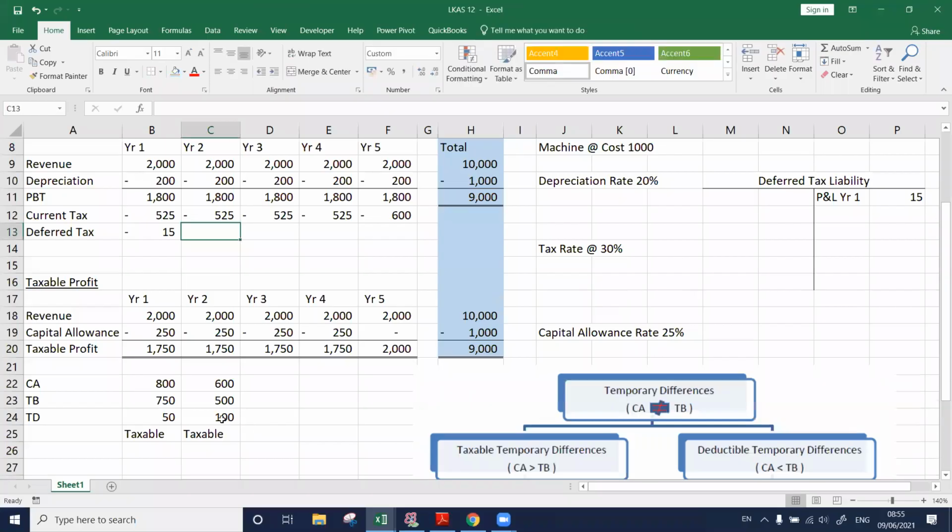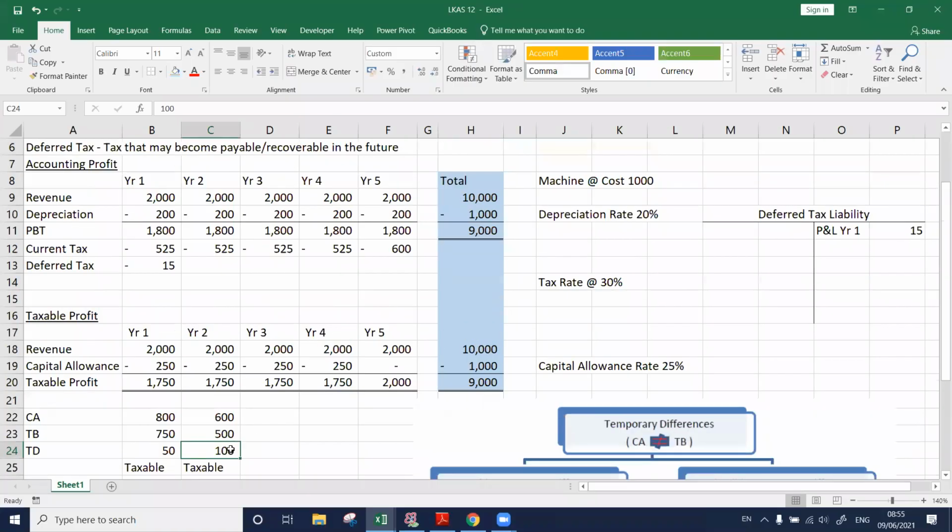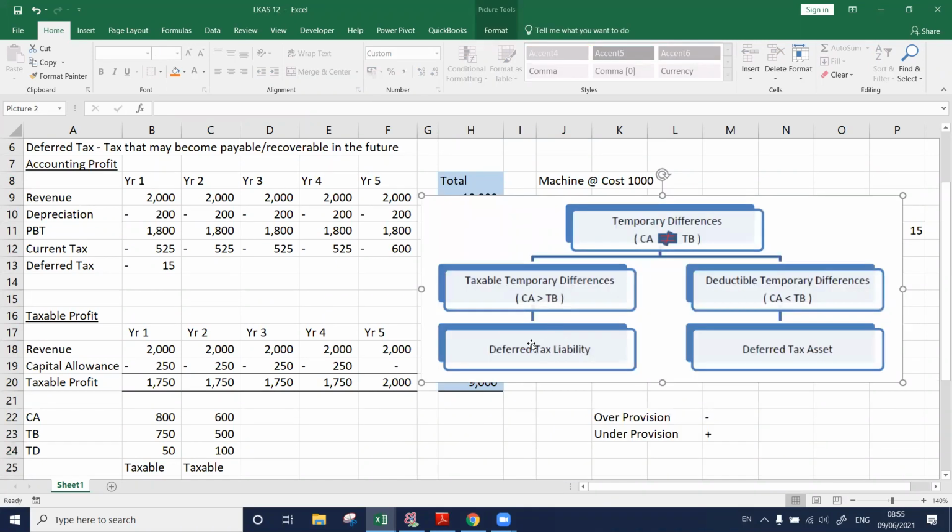Now, taxable temporary difference into tax rate. It means 100 into 30%. That is 30. This 30 means what? That is the deferred tax liability amount that should be at the end of year 2.